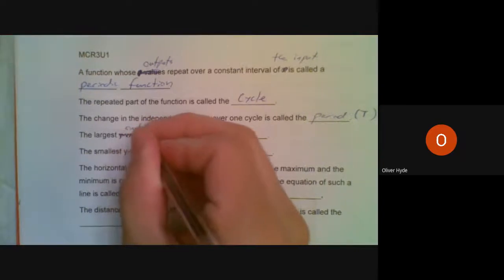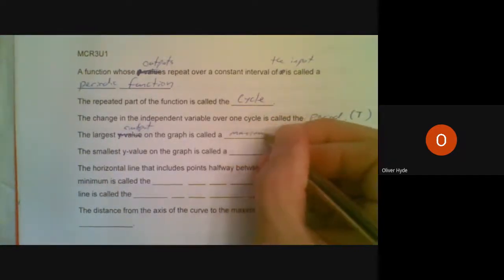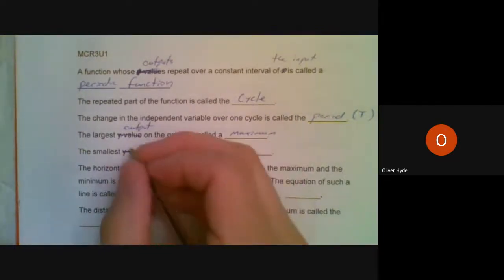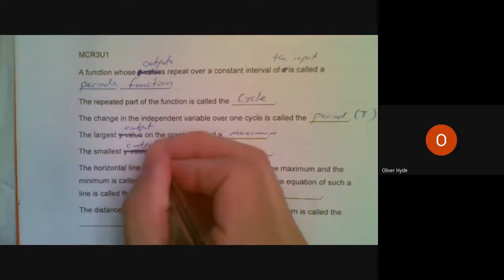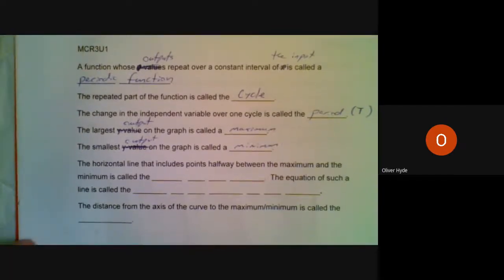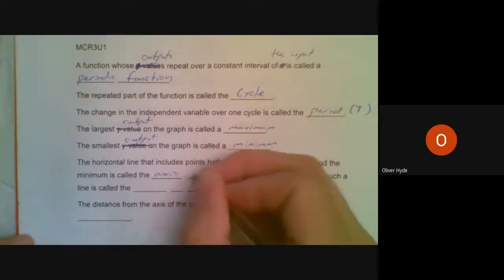The largest output on the graph is called a maximum. The smallest output on the graph, which doesn't even need to be in the graph, it's in the relationship, is called a minimum. The horizontal line that includes points halfway between the maximum and the minimum is called the axis of the curve.